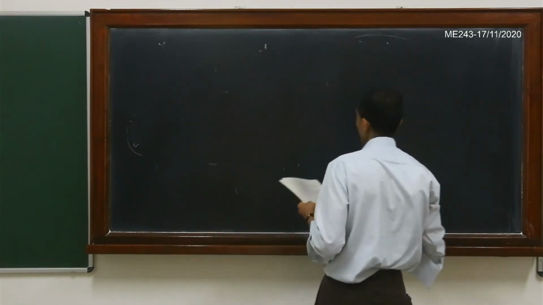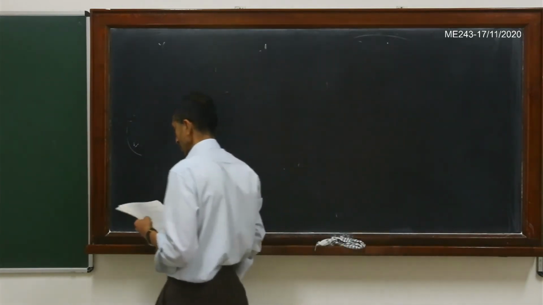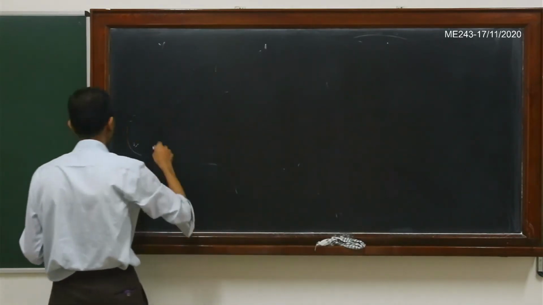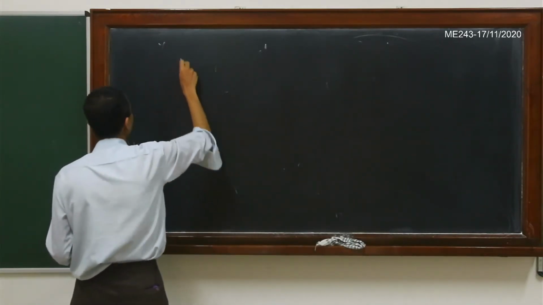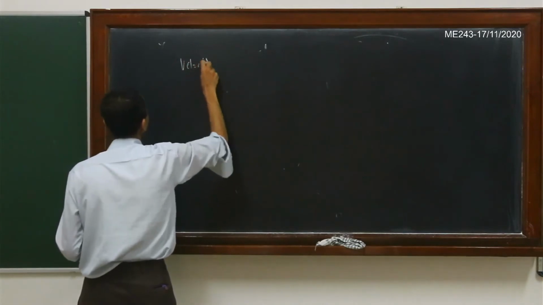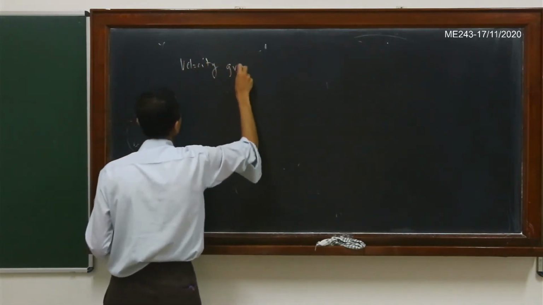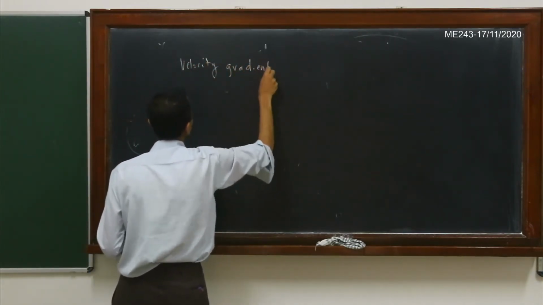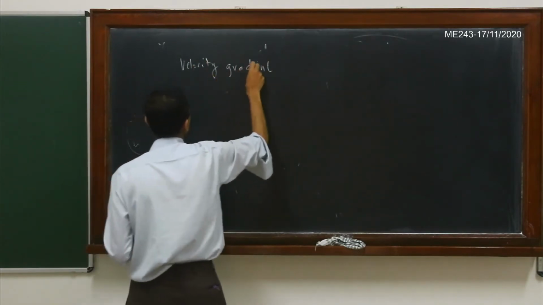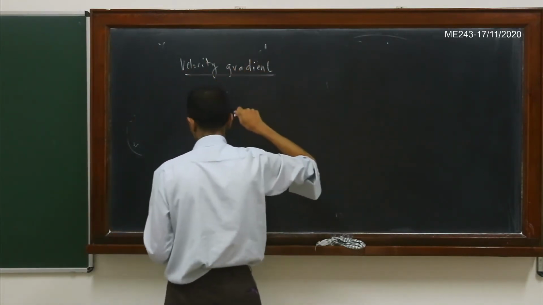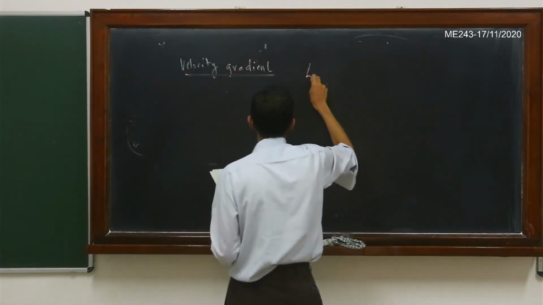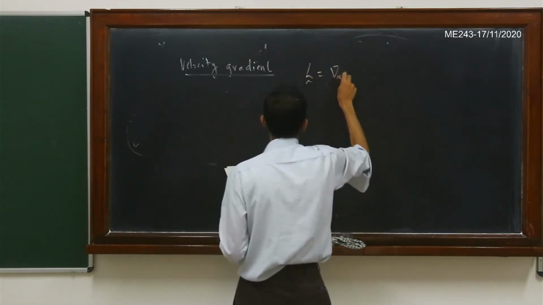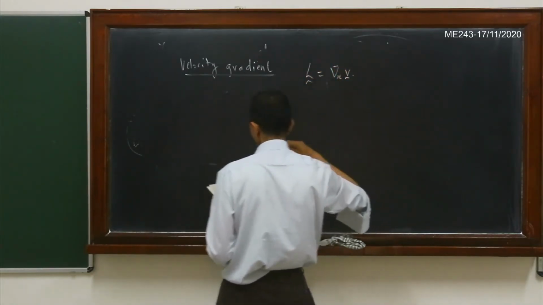Yes, so let us give the names for this one. Velocity gradient. So L is equal to del of v. Right?